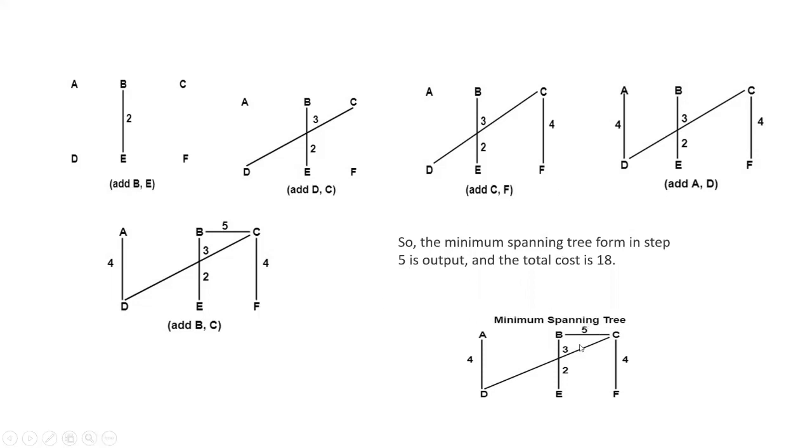Whenever we take this C to D 5, all the vertices are in the spanning tree, and it is a connected tree. For the total cost of the spanning tree, we just add all the weights: 5 plus 4 plus 3 plus 2 plus 4, which is equal to 18. So the total cost of this minimum spanning tree is 18 using Kruskal's algorithm.